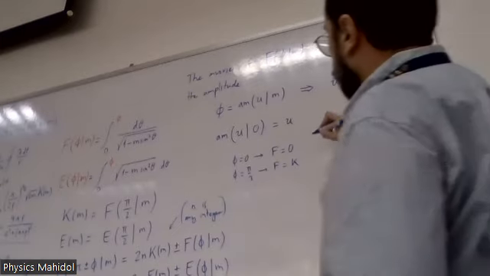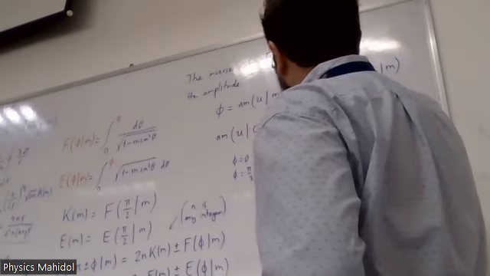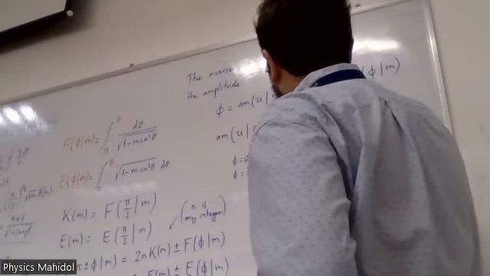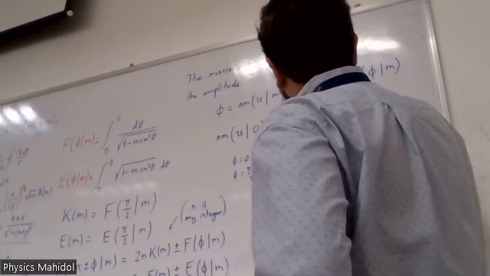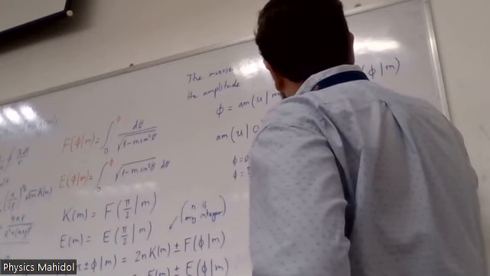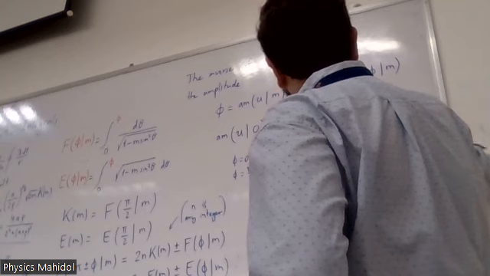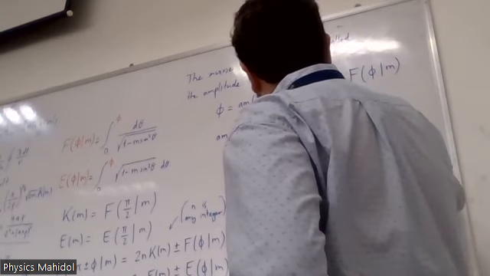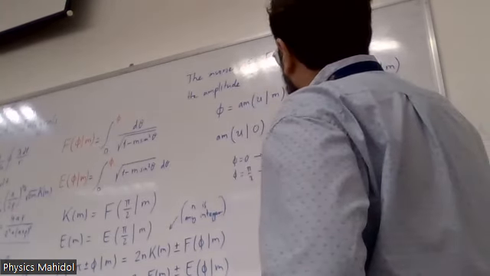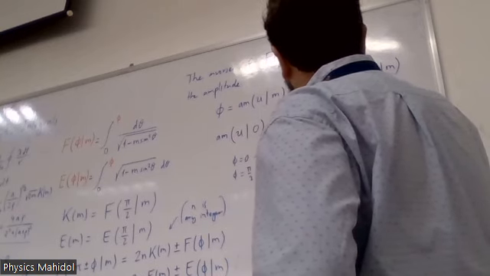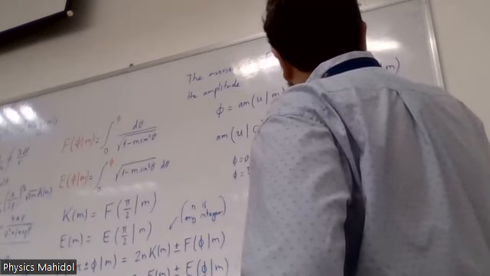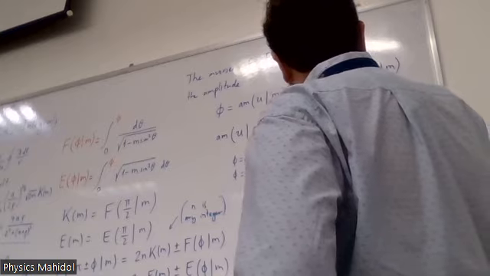So that means the amplitude of 0 is just 0. The amplitude of K of m is pi over 2, right?